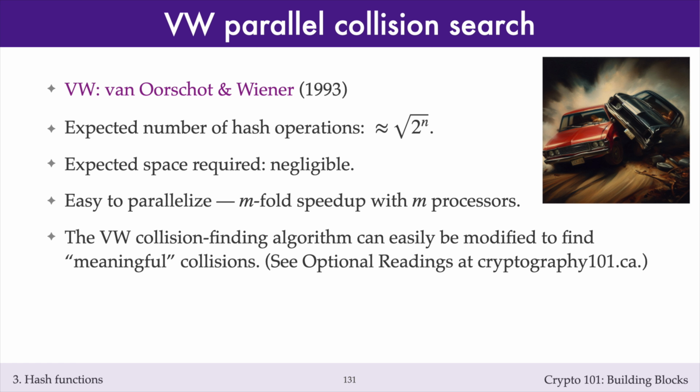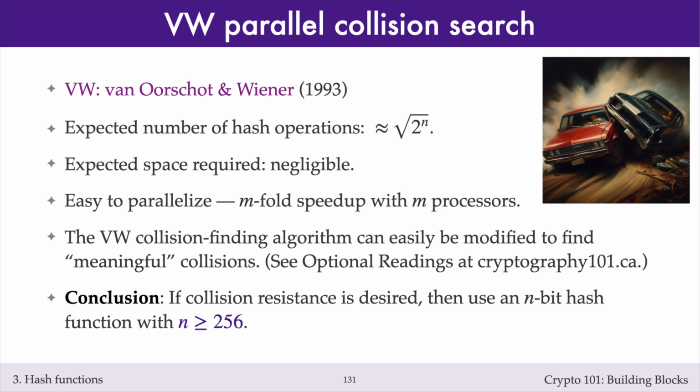However, the VW attack can be easily modified to find so-called meaningful collisions. I won't provide the details in this lecture, but you can find them in the optional reading section on the course webpage. So to conclude, if collision resistance is desired, then one should use an n-bit hash function with n at least 256.